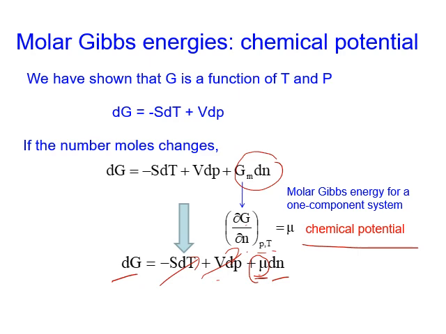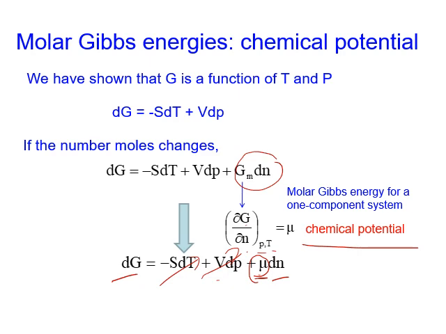Another example is the phase transition, also at constant temperature and constant pressure. Again, the chemical potential determines the Gibbs energy change, and we'll see how important chemical potential is in determining the Gibbs energy change for phase transitions and chemical reactions.